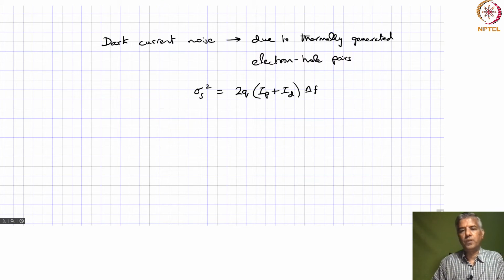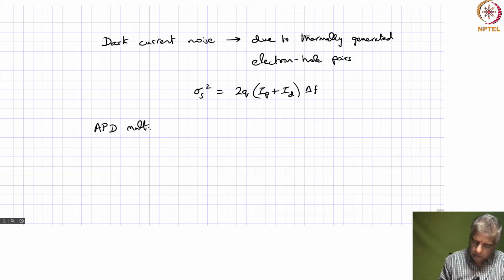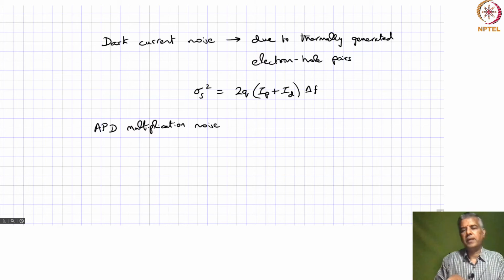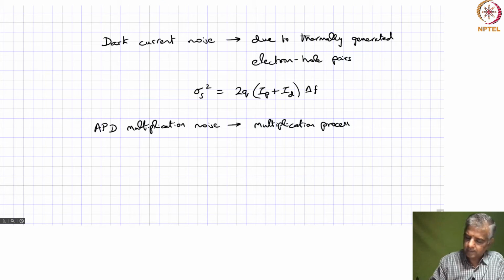So what is the shot noise corresponding to APD, right? When we talk about APD, we have what's called APD multiplication noise, right? That also comes into the picture. So why do we have an APD multiplication noise? Well, we already recognize that the multiplication process, the avalanche process, is random in nature, right?